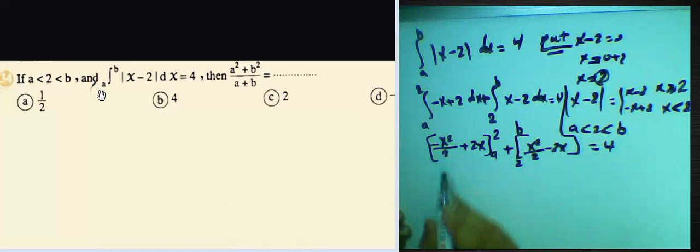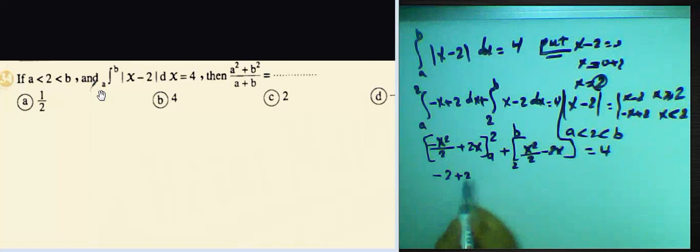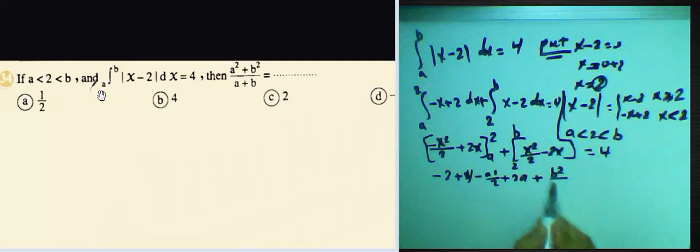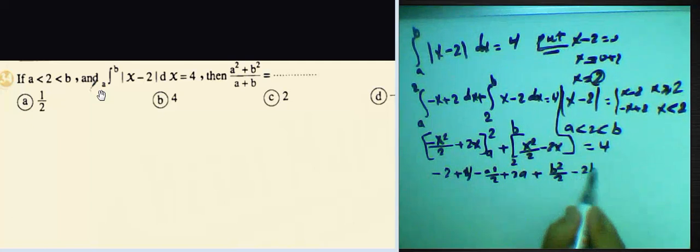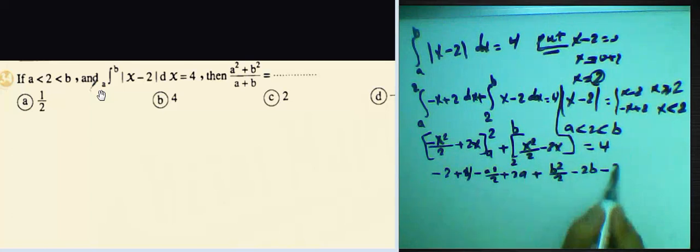With 2 here, it will be negative 4 over 2 equals negative 2, plus 2 times 2 equals 4, subtract a power 2 over 2 plus 2a. Then b power 2 over 2, subtract 2b, subtract 4 over 2, it will be 2, negative times negative equals positive, write 2 here, it will be 4.